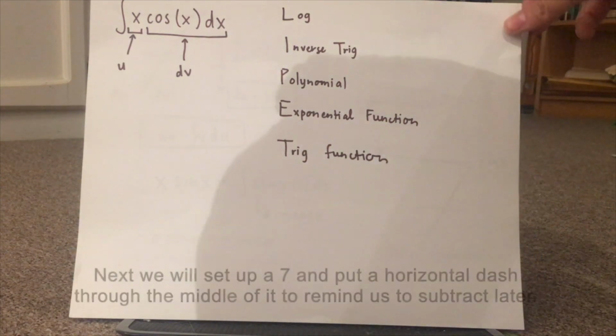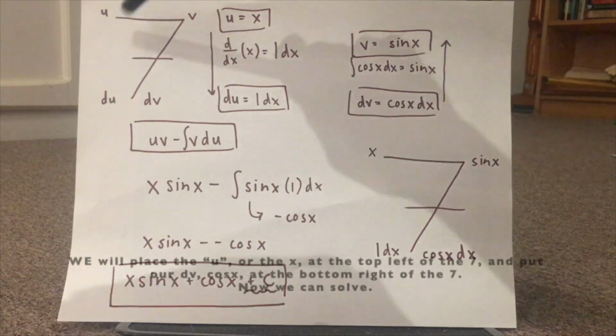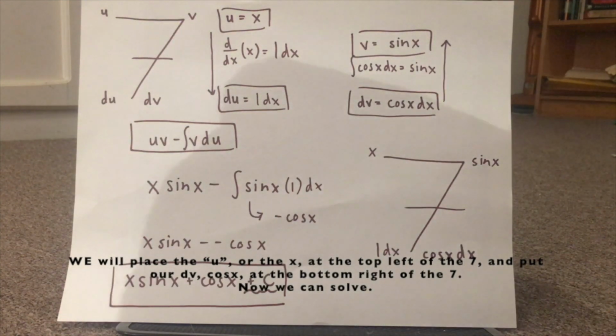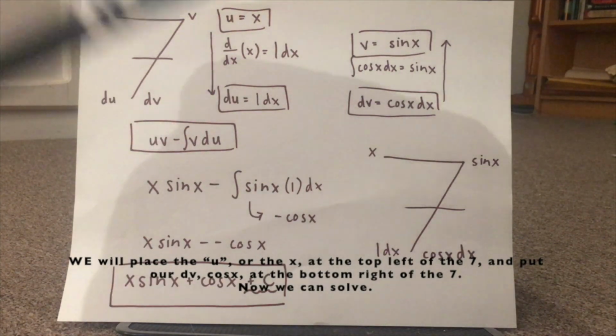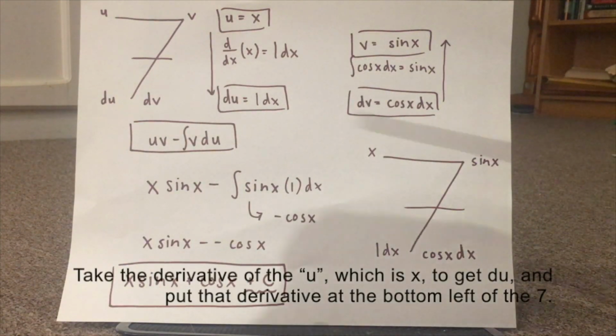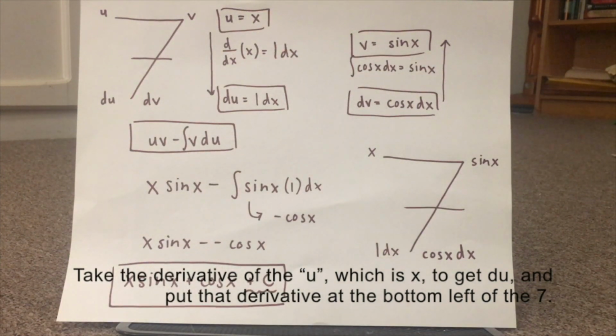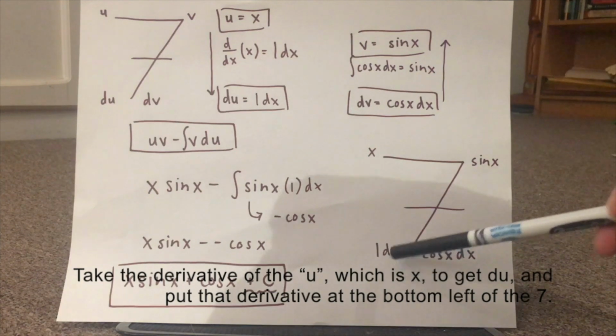Next, we will set up a 7 and put a horizontal dash through the middle of it to remind us to subtract later. We will place the u, or the x, at the top left of the 7 and put our dv, cosine x, at the bottom right of the 7. Now we can solve. Take the derivative of the u, which is x, to get du, and put that derivative at the bottom left of the 7.